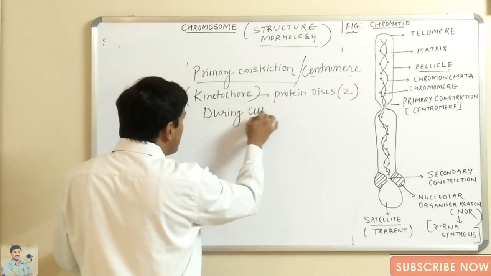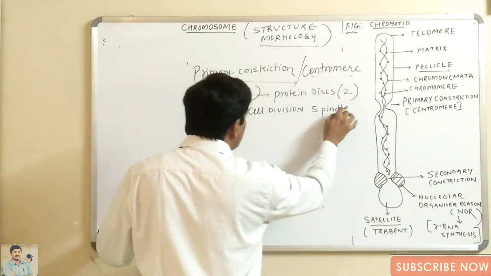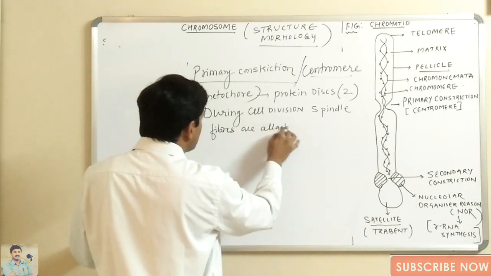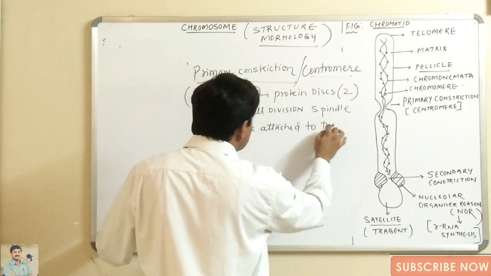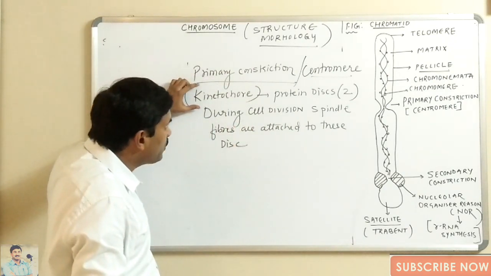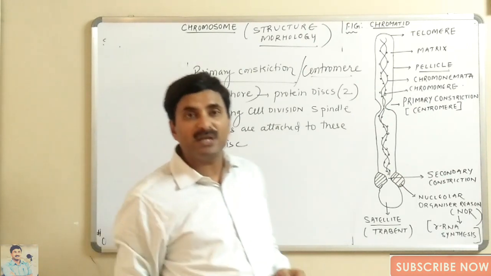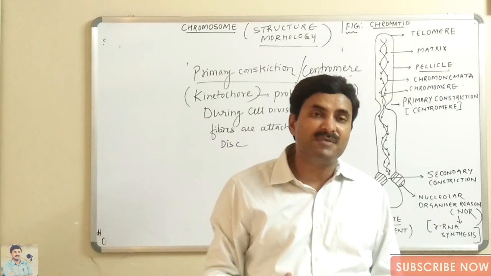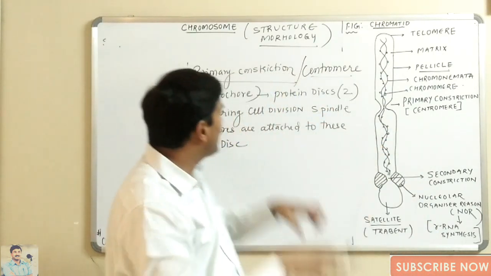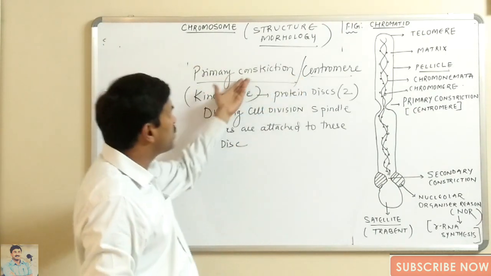During cell division, spindle fibers are attached to these discs, right? What I am saying, there are two protein discs found on the centromere region, and these protein discs are known as what? The kinetochore. During the cell division, the spindle fibers which are carrying the chromosome towards the opposite poles are actually attached to these protein discs, and this centromere is also called as what?